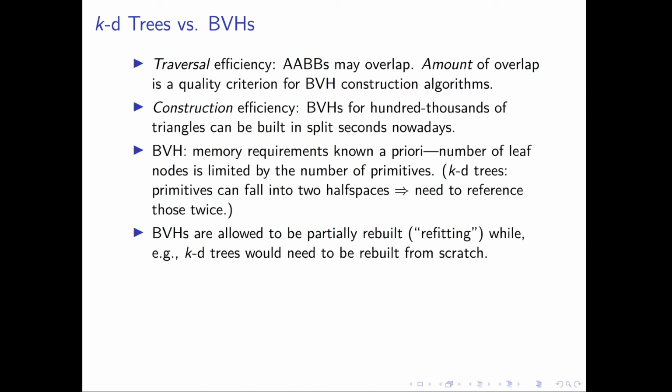That's important, and there's quite some potential to make use of that. Refitting can be one or even two orders of magnitude faster than rebuilding the BVH from scratch, and this is very helpful when we deal with dynamic scenes.